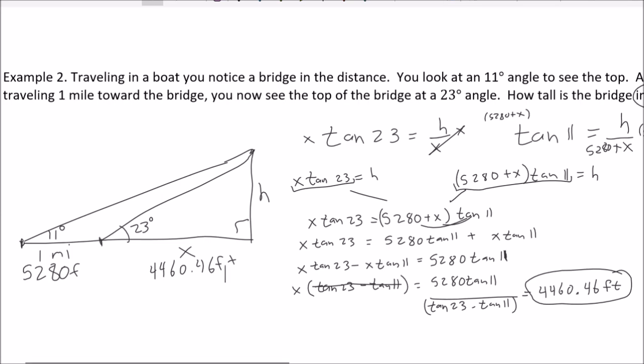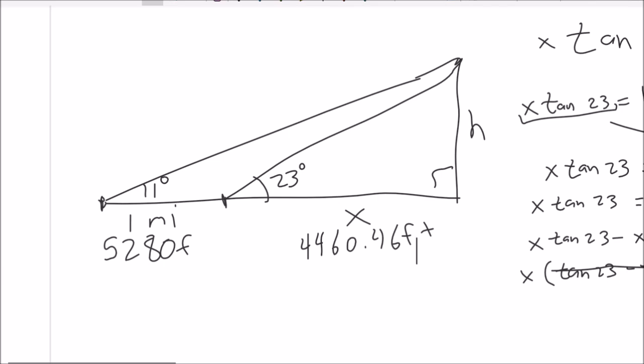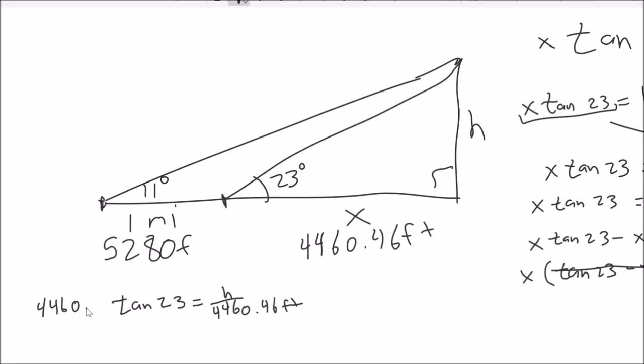Okay, so we've labeled that here as h, and so now that I have that, I can look just at this smaller triangle, and I notice that's the opposite side, and I now know the adjacent side, so I can do another tangent calculation here. So this time, it's going to be tan 23 equals the opposite side over the adjacent, so h over 4,460.46 feet. And now I can just multiply on both sides, 4,460.46.